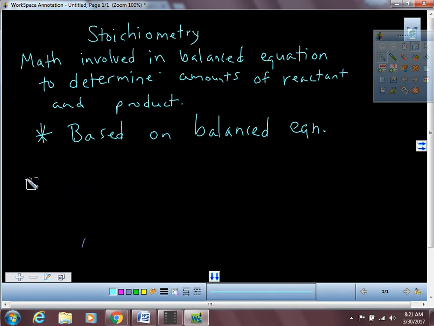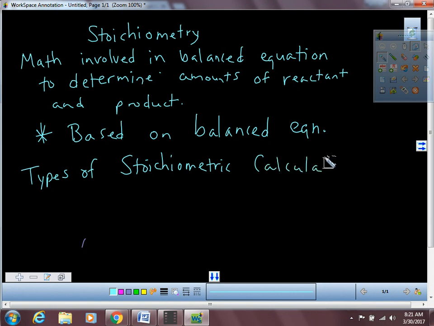You have different kinds of problems for stoichiometry. And the sheet that I gave you divides them up into 3 different parts.